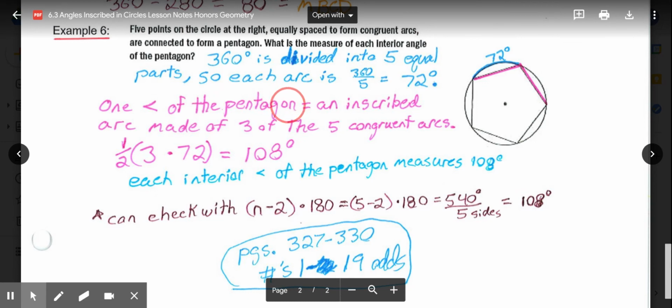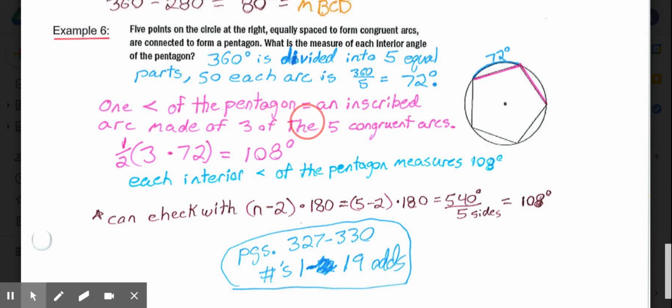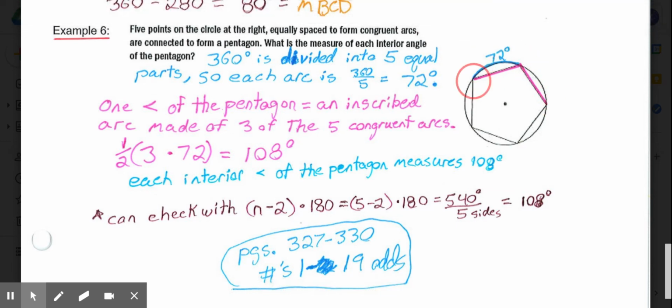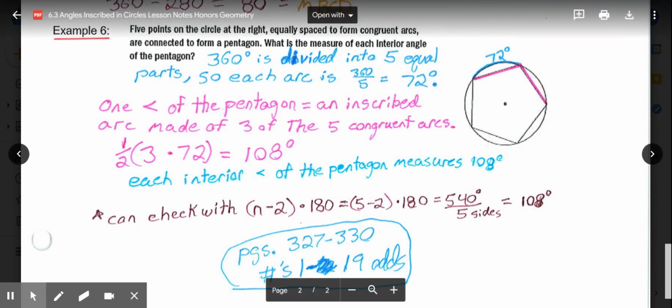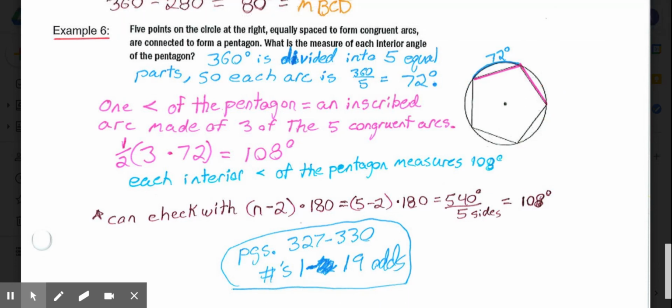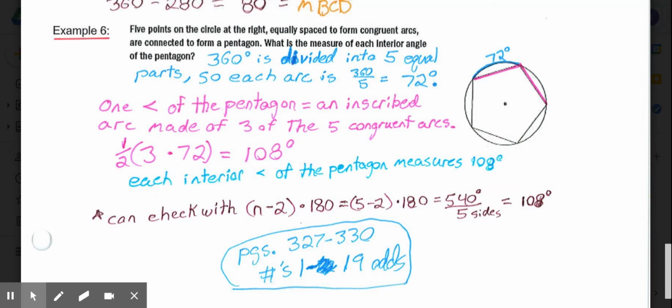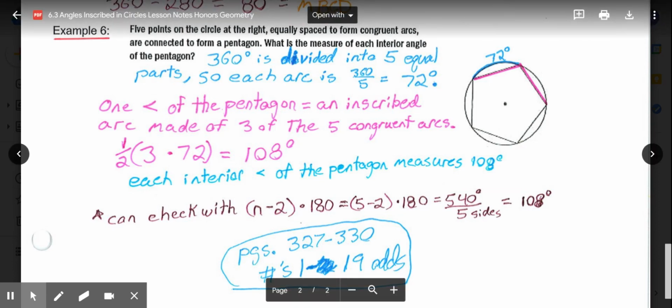One angle of the pentagon is an inscribed angle intercepting 3 of the 5 congruent arcs around the exterior. Because if I drew in one inscribed angle of this pentagon, from this point to this point, if I go around my circle, it'd be 1 arc, 2 arcs, 3 arcs. So that tells me 3 times the 72 would give me the measure of those 3 arcs.